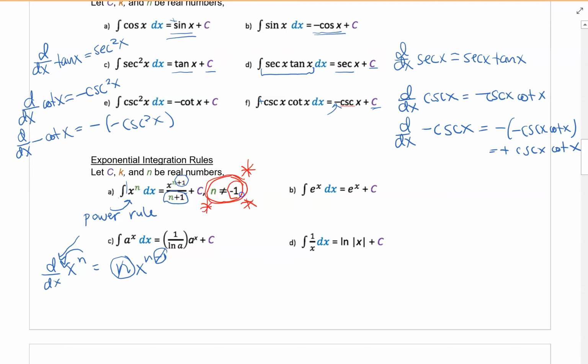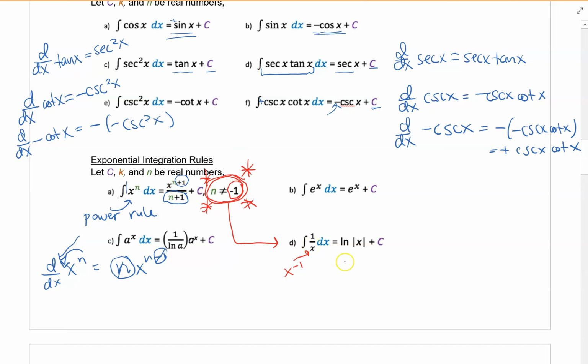Make a very special note of that, because we do something very different when it's x to the negative 1, right? This is x to the power of negative 1. That is very different. We do not do a reverse power rule, because we do not get 1 over x from taking the derivative of x to a power. Let me just illustrate really quick. Let's suppose I did do the reverse power rule on a 1 over x function.